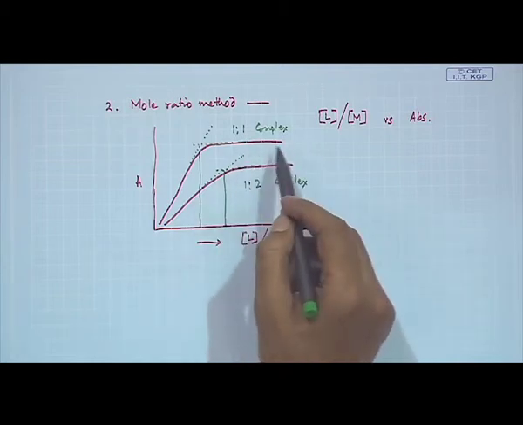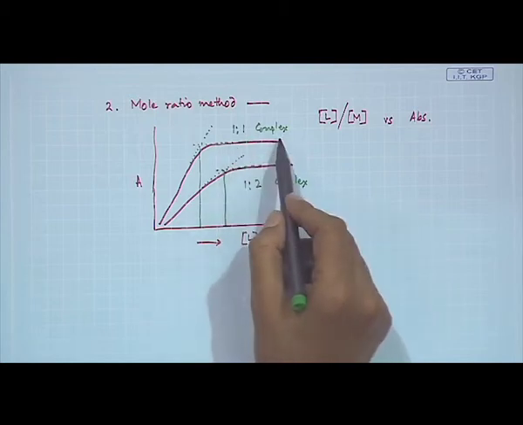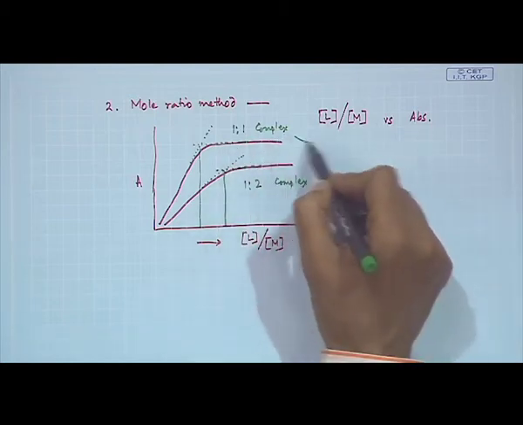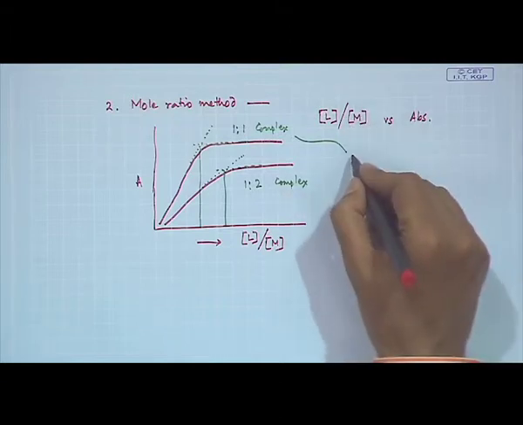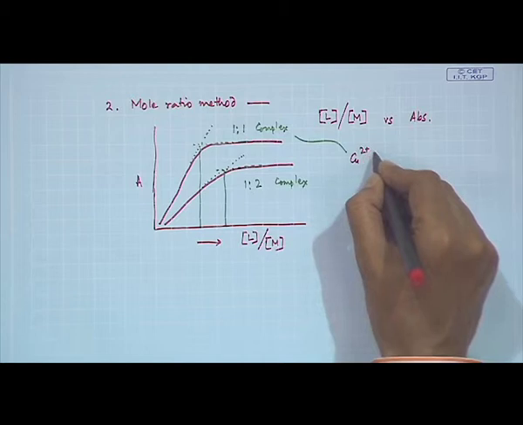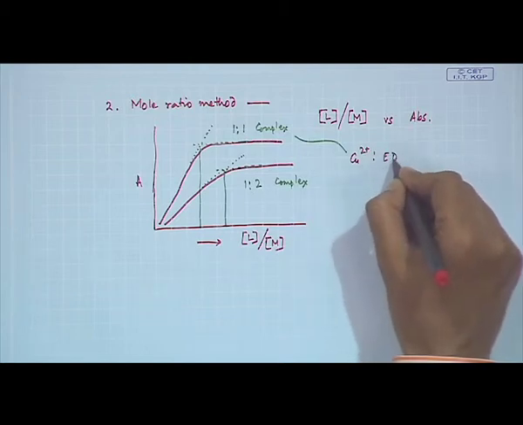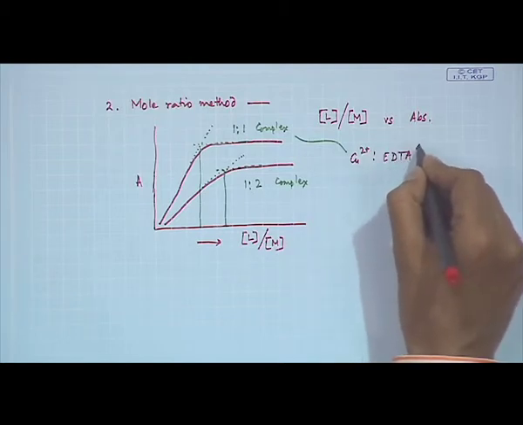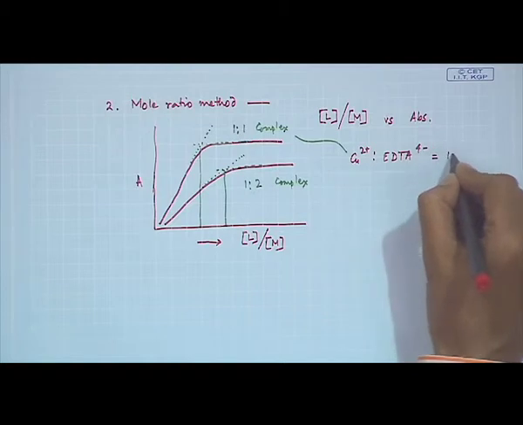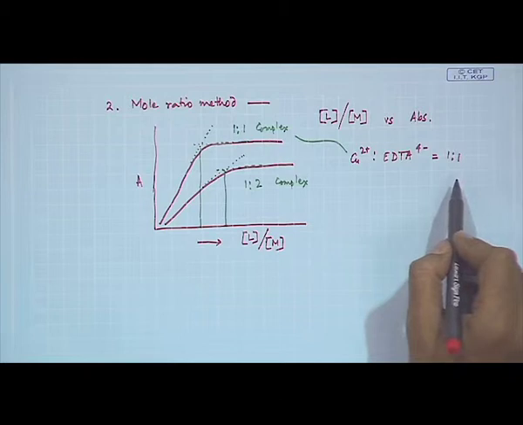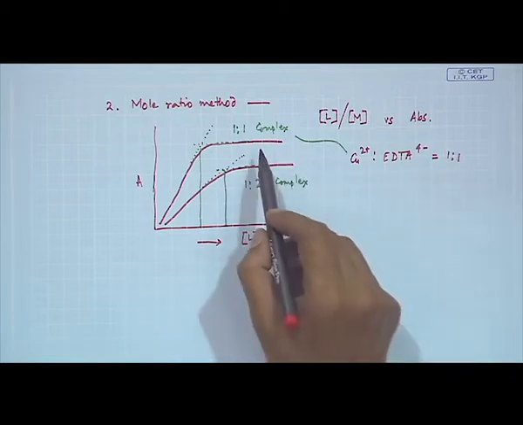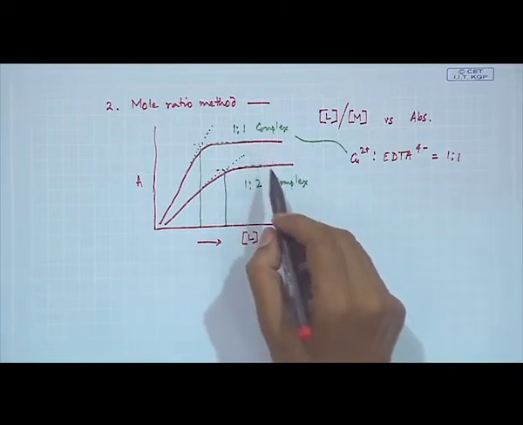But in two other cases, where the complexation is 1:1 like that of our EDTA, for copper or bismuth, copper 2 plus to EDTA 4 minus will be 1:1. So, that 1:1 ratio can be found out through this particular technique.